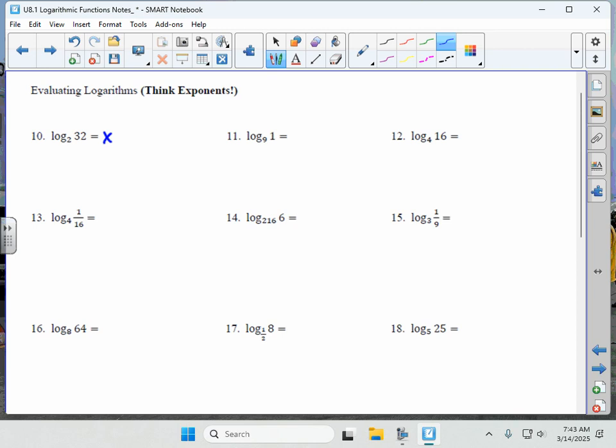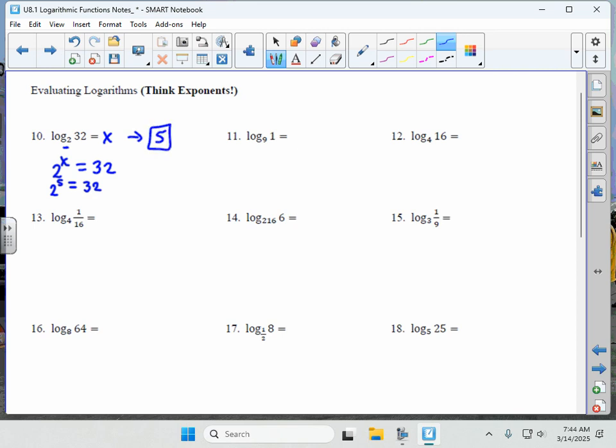All right, so if we change this from log to exponential, the base is 2, x becomes the exponent, equals 32. So now we just have to look at our exponent sheet. 2 to what power is equal to 32? We know that 2 to the 5th power is equal to 32. And so that means that x has to equal 5. All right, and so the log base 2, 32 is equal to 5.